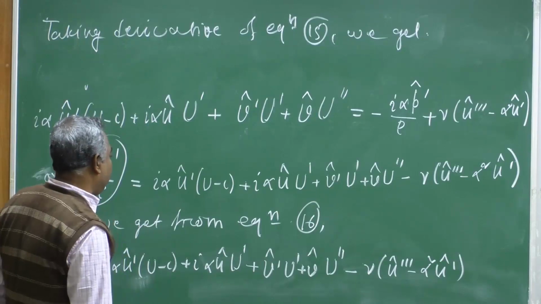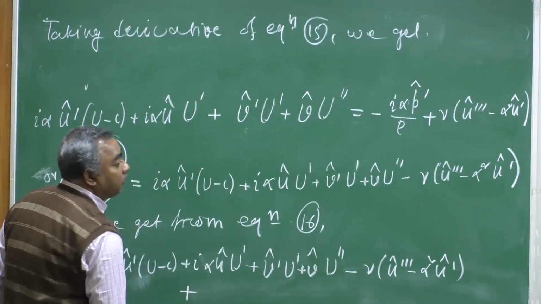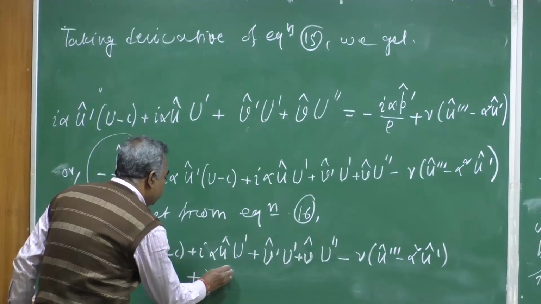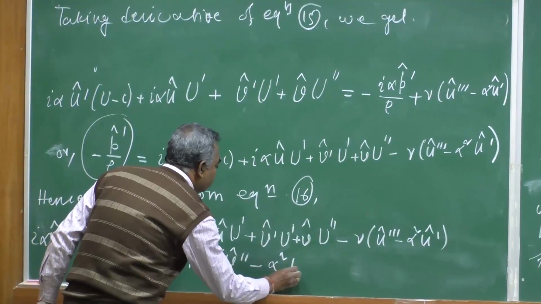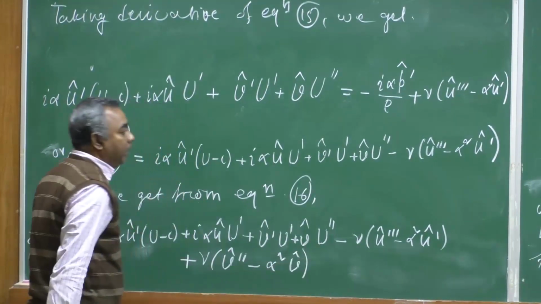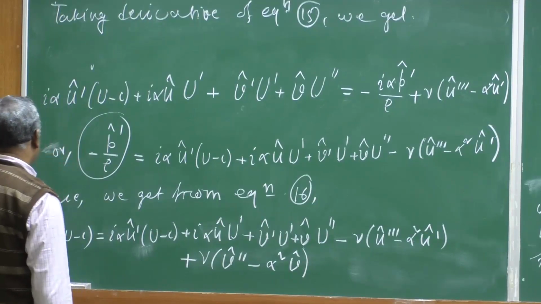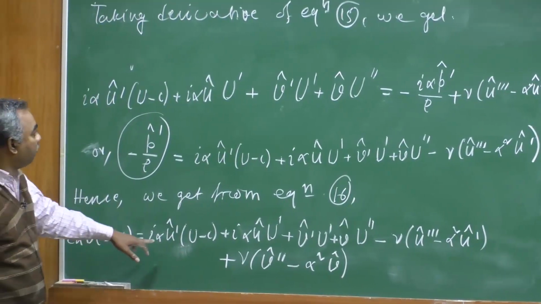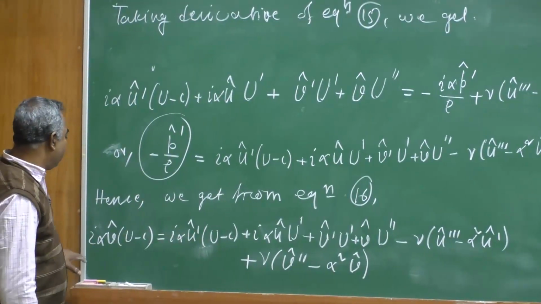You replace the value of this, plus we have nu into v hat double prime minus alpha square v hat. Hence, what we get from equation 16 is this, because we have replaced the value of minus p hat prime by rho.